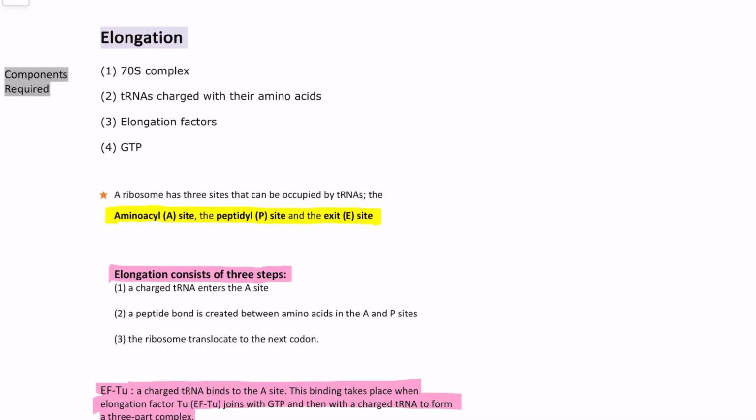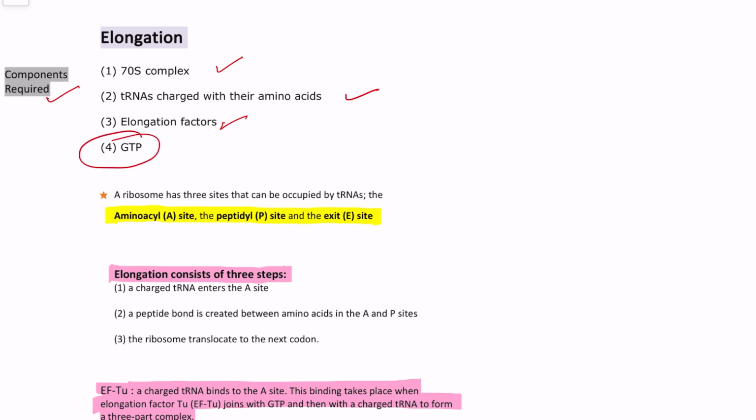Then coming to the elongation, again we will be discussing the components required in the process of elongation. So the 70S ribosome complex, tRNA charged with amino acid, then elongation factors. In case of initiation, we require initiation factors, but over here we require elongation factors, then GTP as the energy source, right?